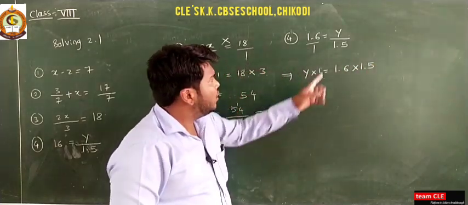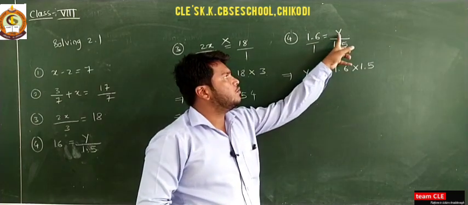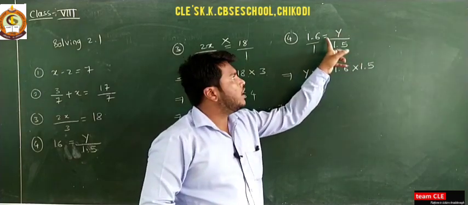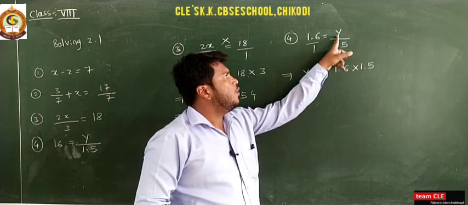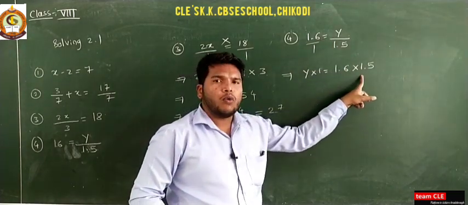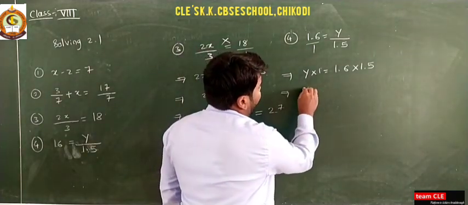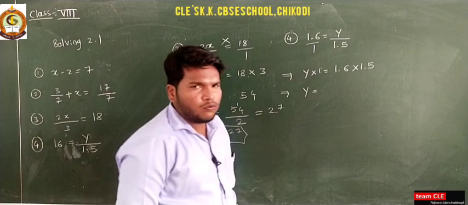Okay, what you have to do? Here y is there, 1 is hidden, 1.6 divided by 1 is equal to y divided by 1.5. Again you do cross multiplication, y into 1 is equal to 1.6 into 1.5. Now y into 1 is always y, which is equal to 1.6 into 1.5.